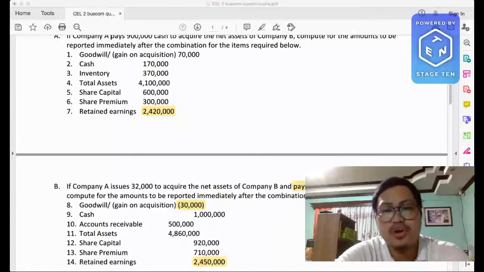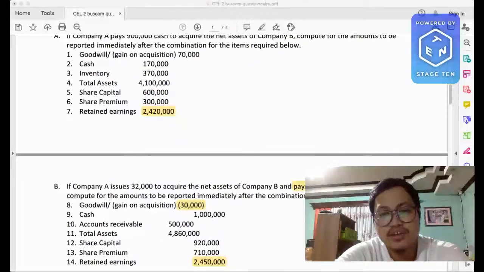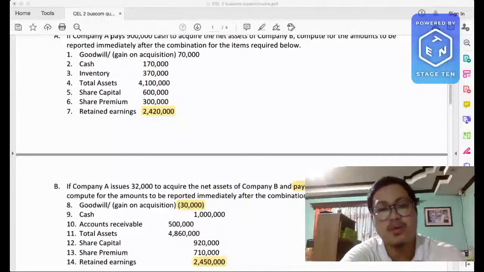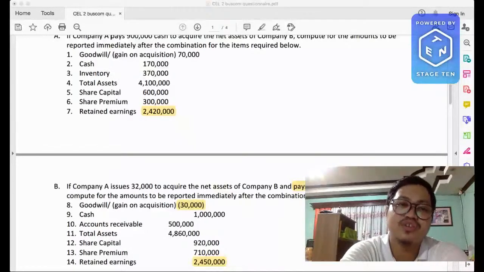But if you're talking about cash, if you're asked to solve for cash, class, there are things you have to remember. There are things that affect cash as a result of the combination. So instead of just adding the cash balances of the acquirer and the acquiree, what else do you have to remember? Please do not forget to deduct the cash consideration if the consideration is in cash. If it's not, then there's no problem.